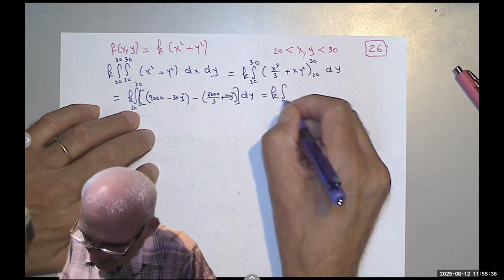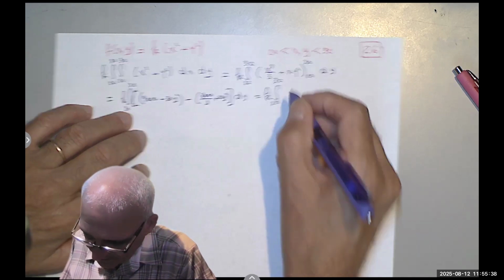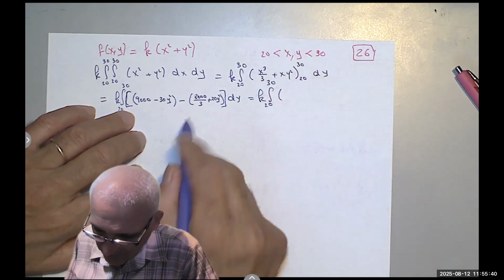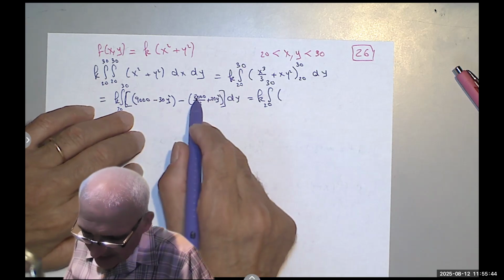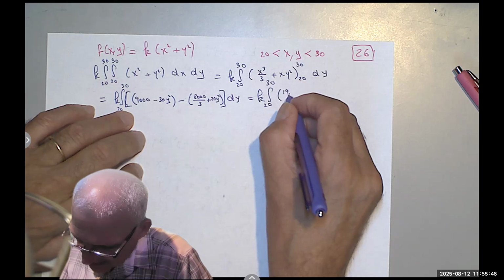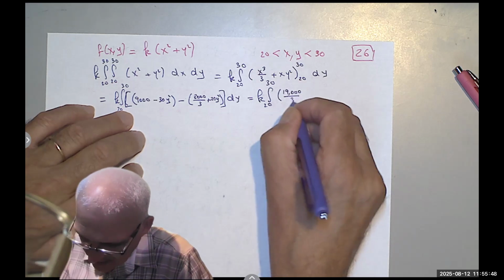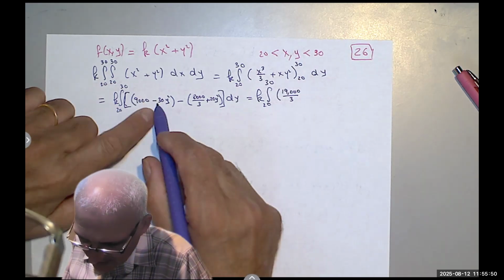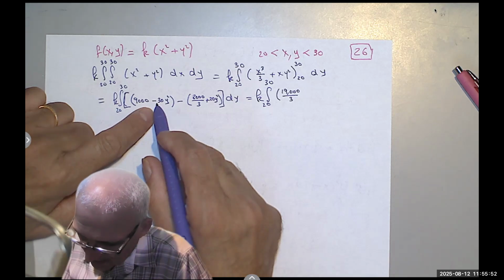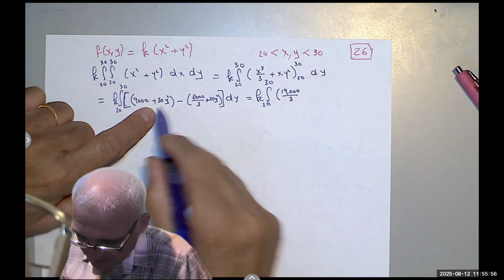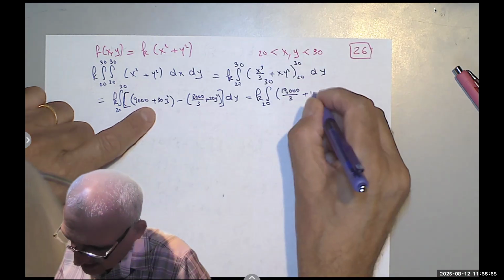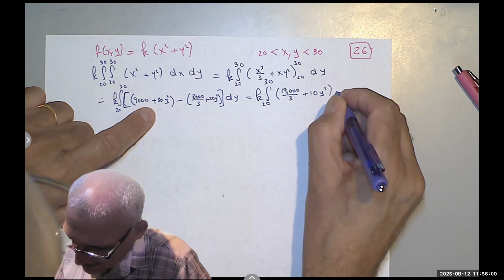That equals k times the integral from 20 to 30 of 27,000 over 3 minus 8, which is 19,000 over 3, minus 30. Oh, I'm sorry, that's 30 minus 20, so plus 10 y squared, dy.